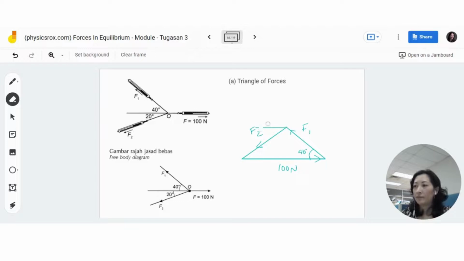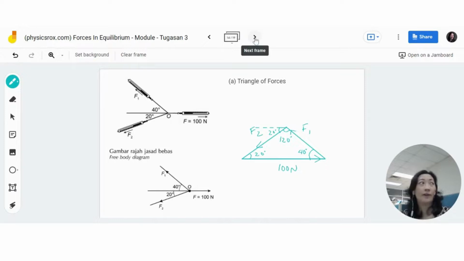We're going to make this dotted. This angle is 20 degrees. So how this translates inwards, Z rule, this is 20. So now you've got 40, 20. You can remember the internal triangle angle is 180. So 180 minus 60 gives you 120 degrees. So that's how you solve this question.